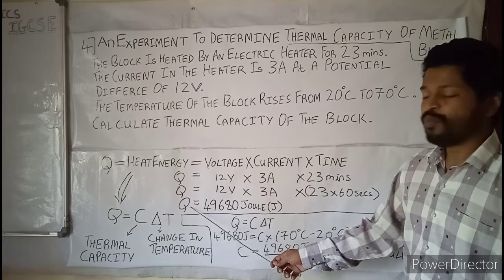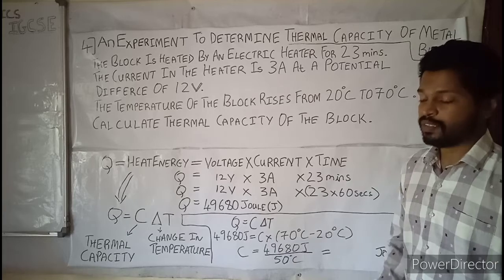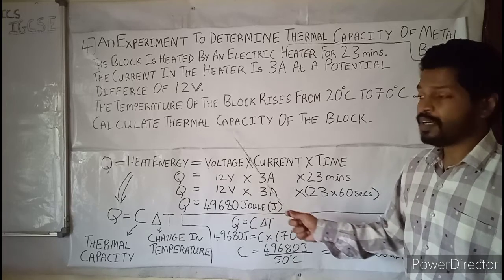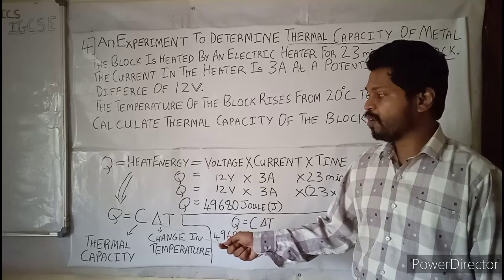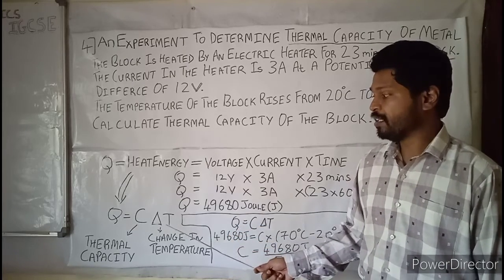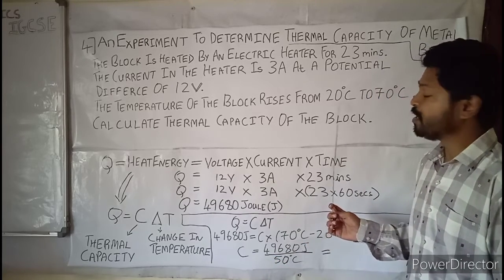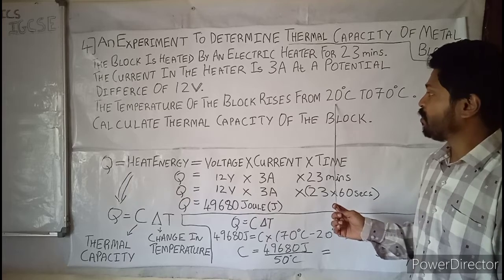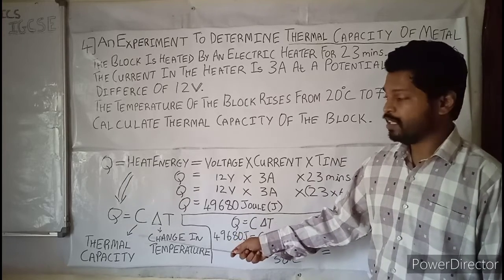So you have got capital Q, but in the question Q is not asked. They have asked capital C, the thermal capacity. So now one more equation you are already aware of: Q is equal to C delta T. Delta T is the change in temperature. You have already been given the change in temperature from 20 degrees Celsius to 70 degrees Celsius, so you can easily use this equation.